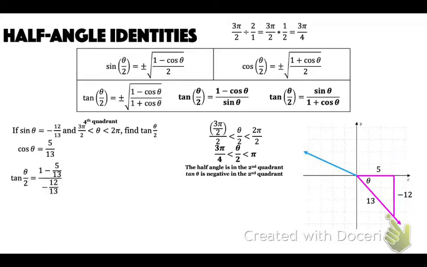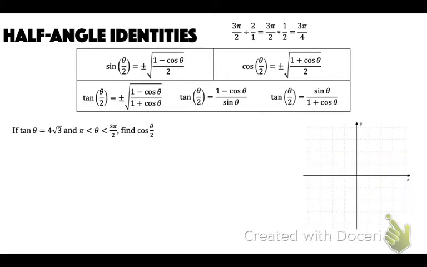So I'm going to use that first equation. That's going to be 1 minus 5/13 over negative 12 over 13. Which is 13/13 minus 5/13 over 12/13, so 8 over 13 over negative 12 over 13. 13s cancel. I have 8 over negative 12, which is negative 2/3. Boom. Okay. I think this is the last one.